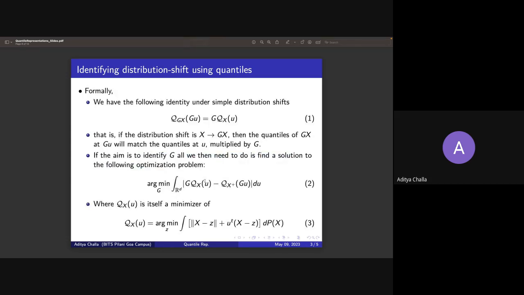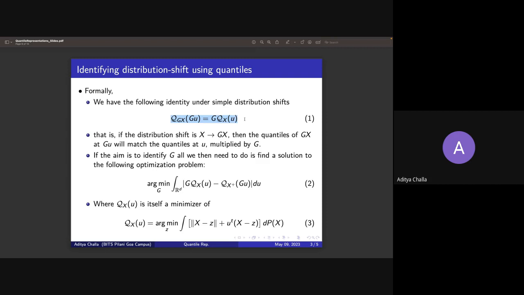So the first principle which we have for one-dimensional quantiles is this identity, where suppose your distribution changed from your initial random variable x to gx, where g is fixed but unknown. Then the quantiles of gx at gu will match the quantiles at u multiplied by g. So that's what this equation simply states.